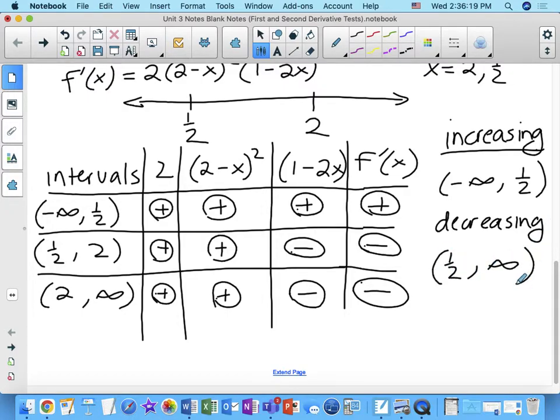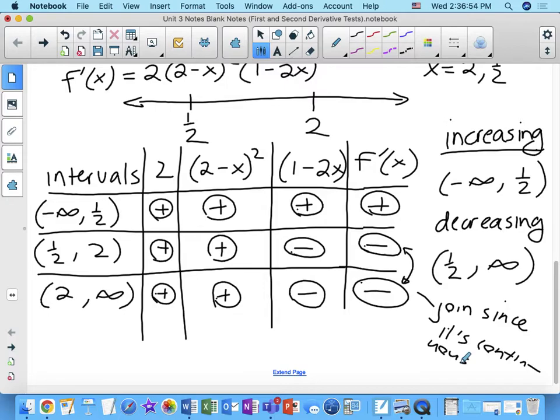And these can be joined since it's continuous. If it's a point of discontinuity, if that's the type of critical number, then you can't join them. You'd have to write it as two separate intervals, because it would decrease and then there'd be a little stop and then it would decrease again.